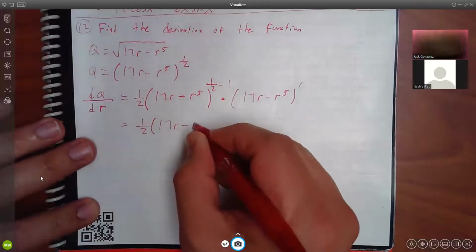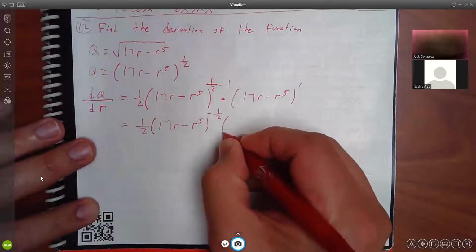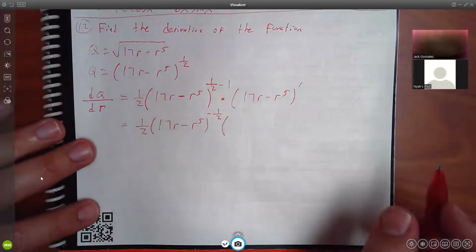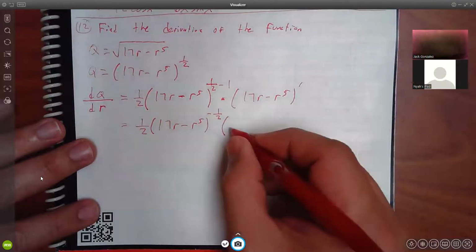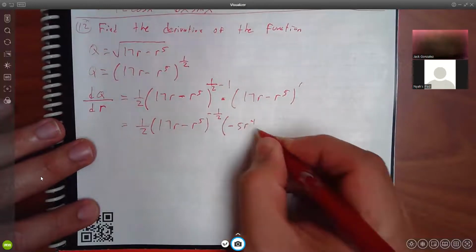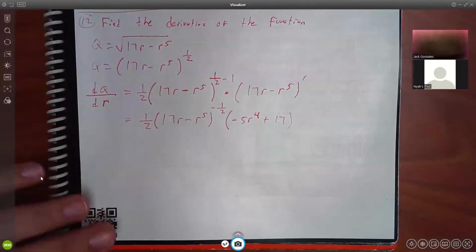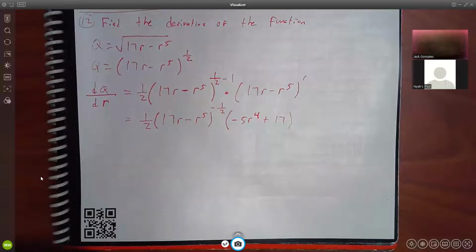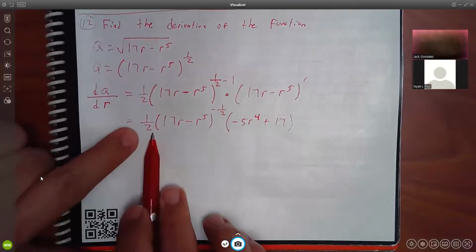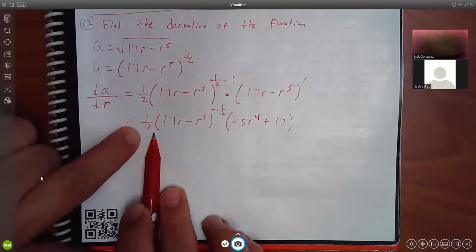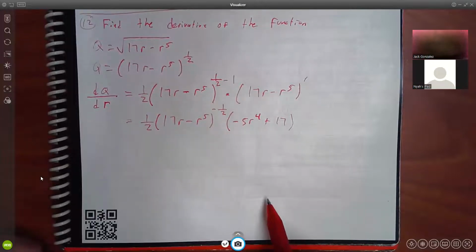What is the derivative of the inside? Negative 5R to the 4th, plus 17. This 2 will go on the bottom. Let's leave that half in front, which is kind of weird, but technically this is the derivative.